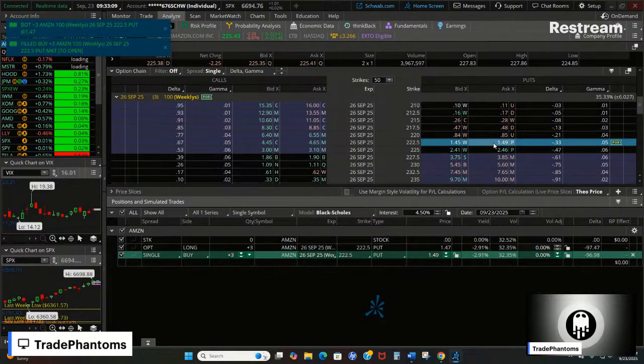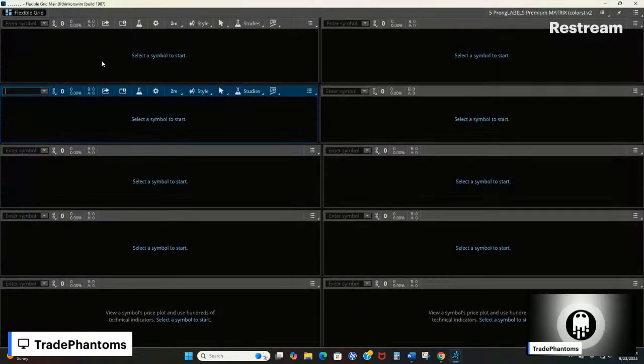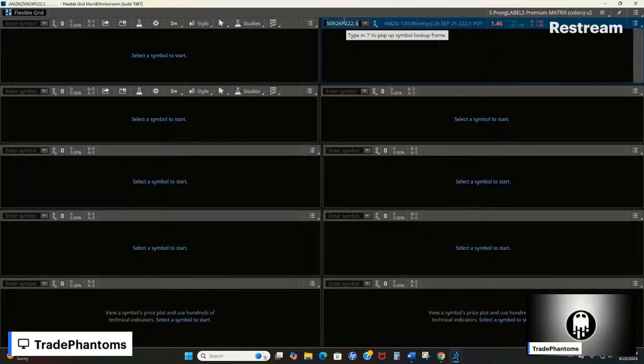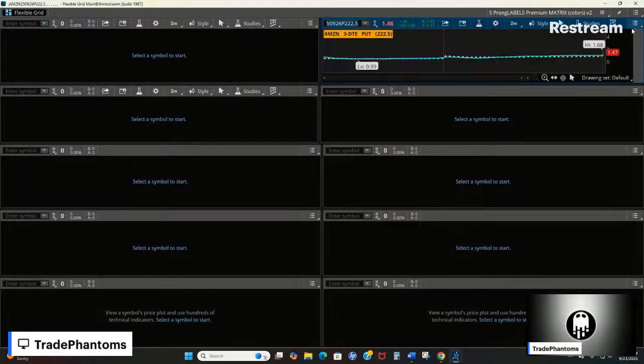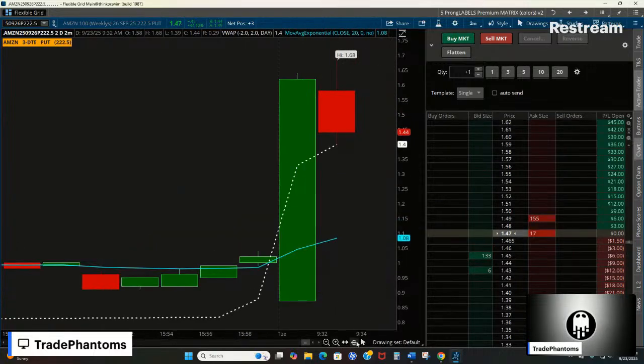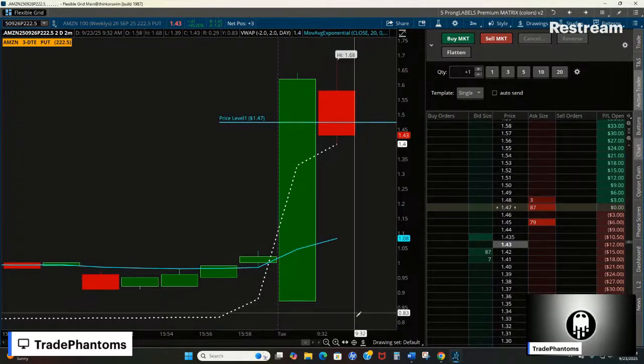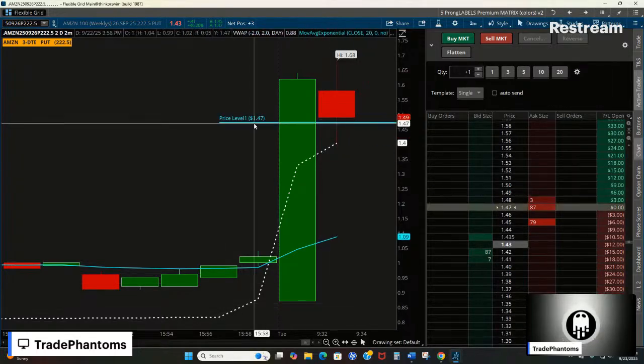All right, right click, copy this code. This picked up the 222.50 strike on AMZN put. Bought put means bearish.